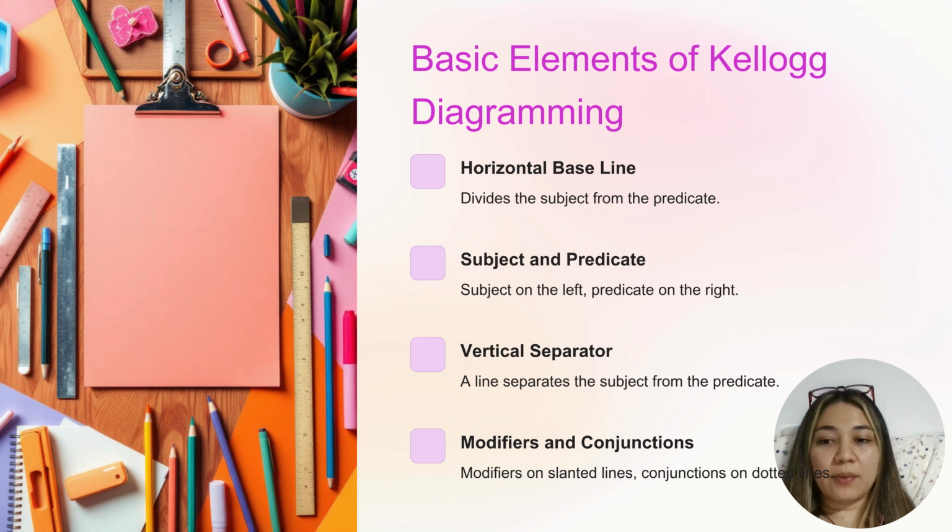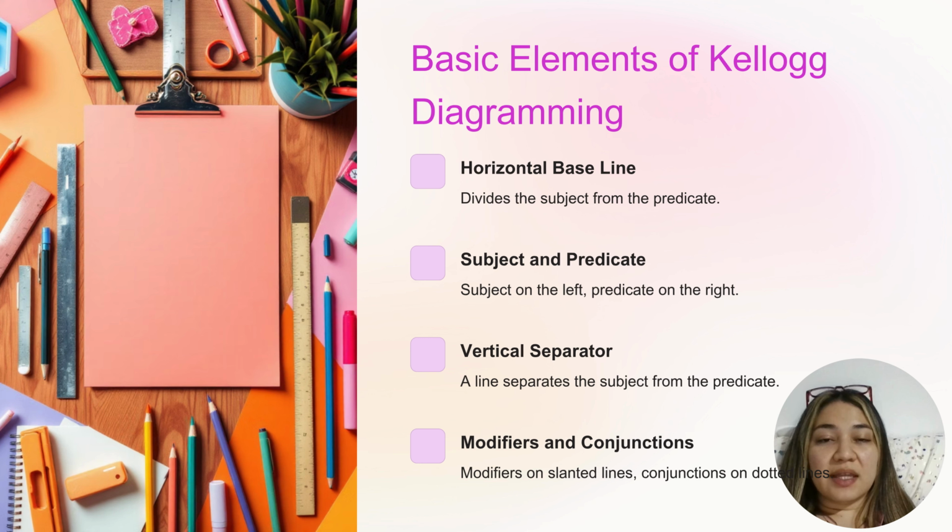So we have a subject and predicate like I explained before, and a vertical separator. A vertical line splits the subject from the verb, right? To identify both words. And we have modifiers and conjunctions.